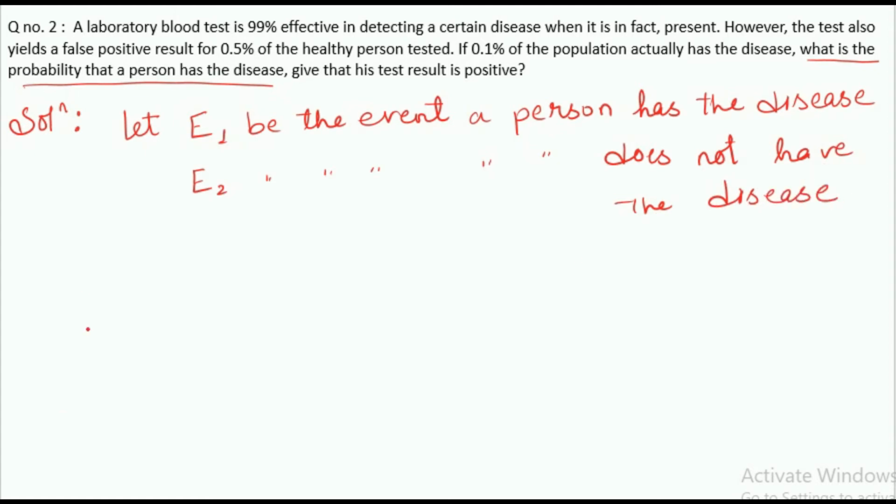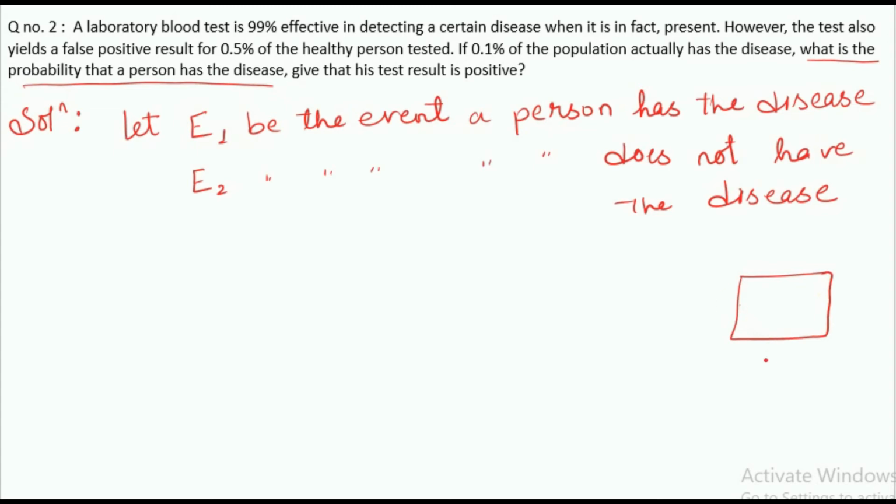Now, don't just start looking from the beginning. In these types of questions, the real things will be given in the middle of the question. They are saying the person has the disease. Has the disease means what? In the population, how many people have the disease? This is the total population.